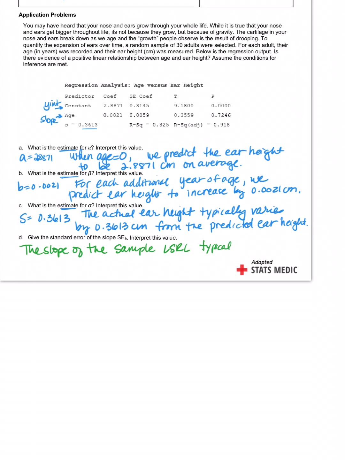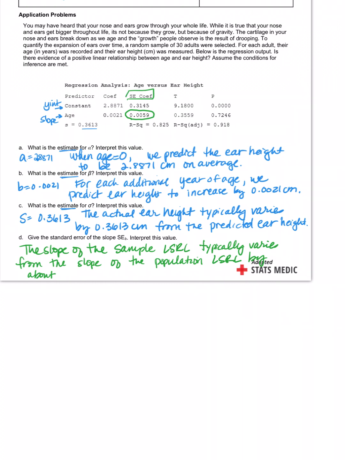typically varies from the slope of the population LSRL by about, and it's this value right next to your slope under the SE coefficient.